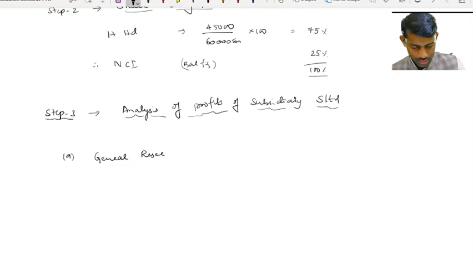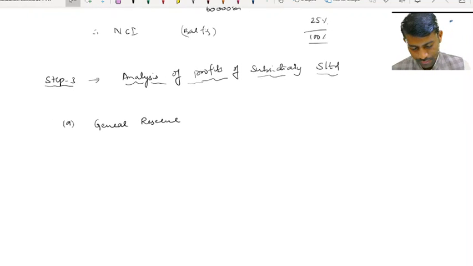Here only two adjustments are there: one is pre-acquisition dividend, and the second is intercompany owings, debtor and creditor. Apart from that, nothing is there.